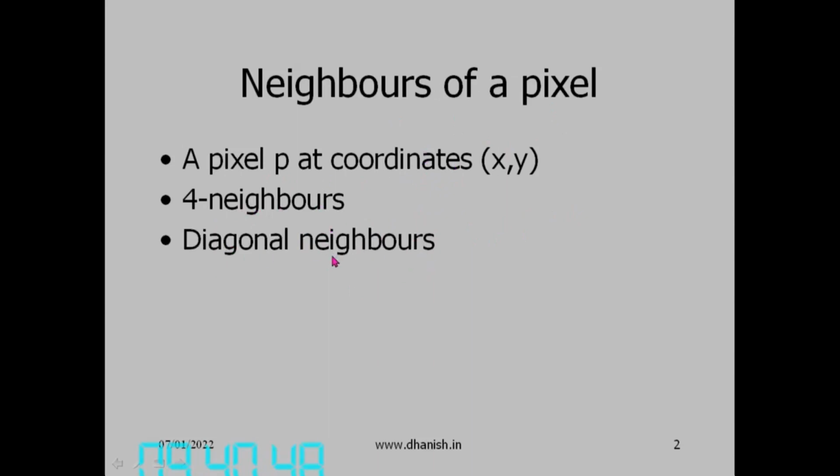Then we have diagonal neighbors, which are one right and top, one left and top, one left and bottom, one right and bottom. And then we have the 8 neighbors, which is the 4 vertical and horizontal plus the diagonal. Both together are called 8 neighbors.